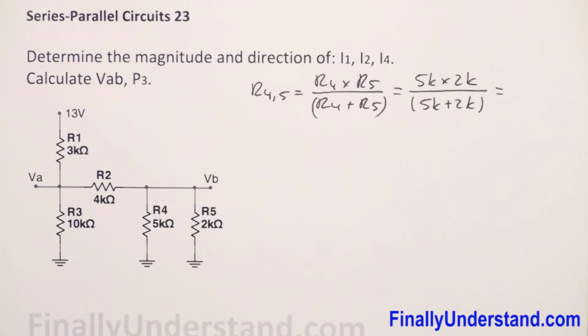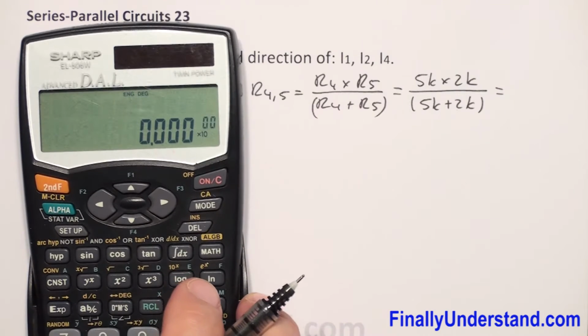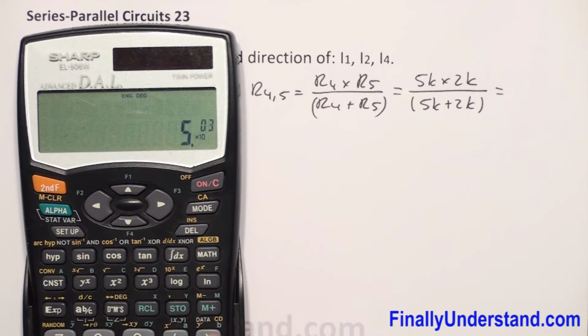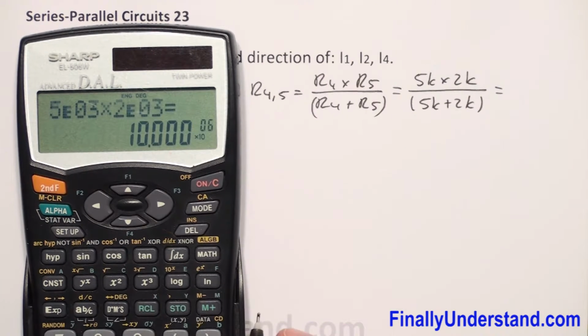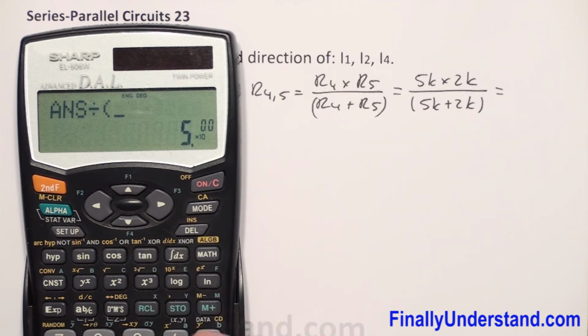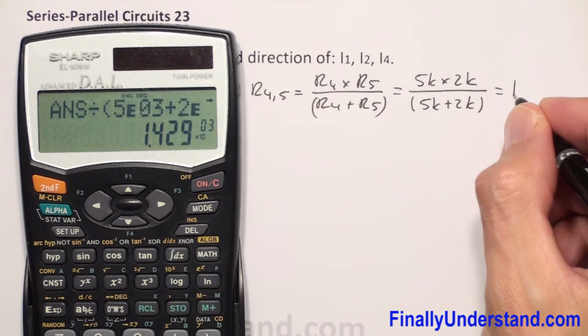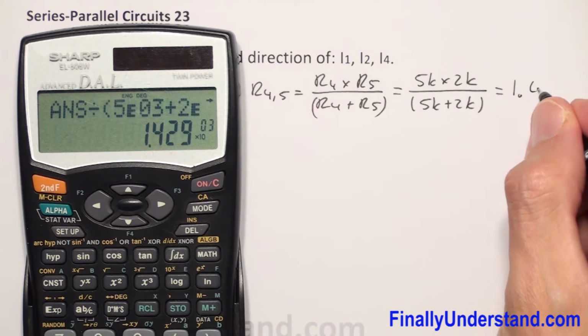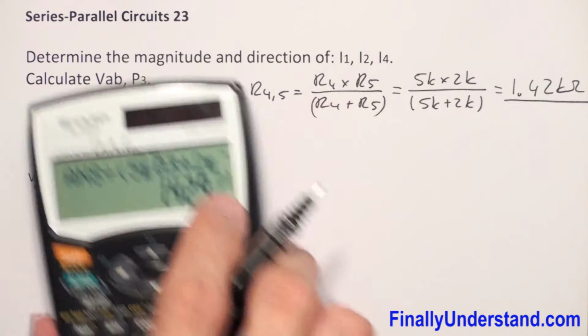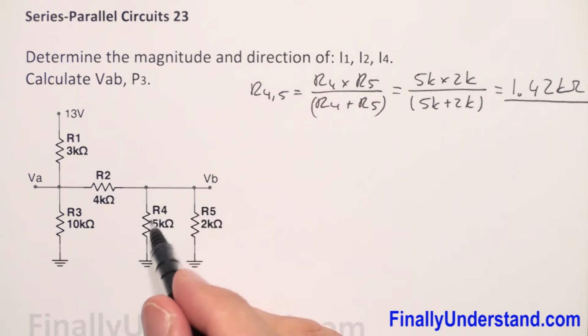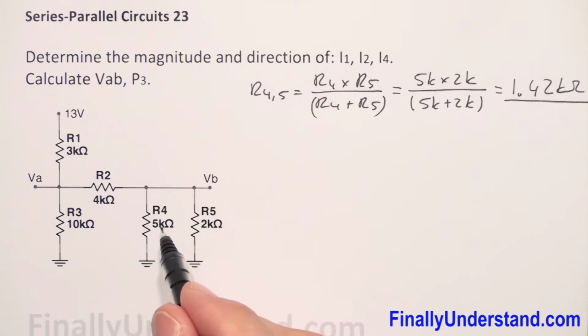This is equal to 5 exponent 3 times 2 exponent 3 divided by (5 exponent 3 plus 2 exponent 3), which equals 1.42 kiloohms. So this is my equivalent resistance for these two resistors.